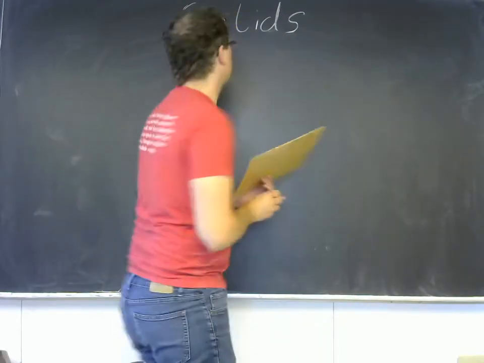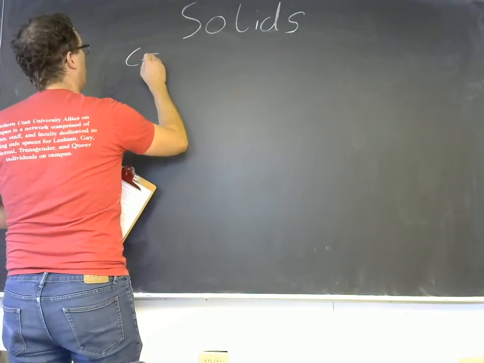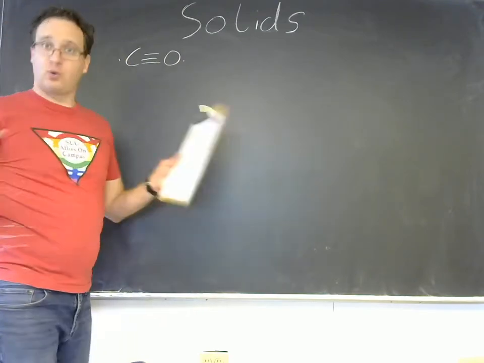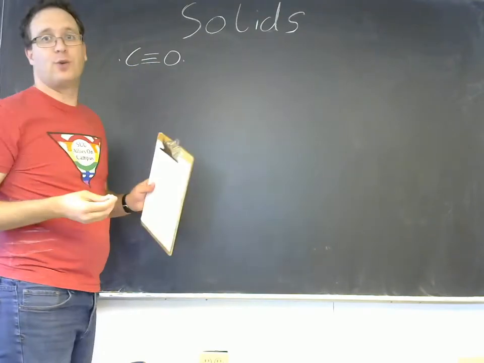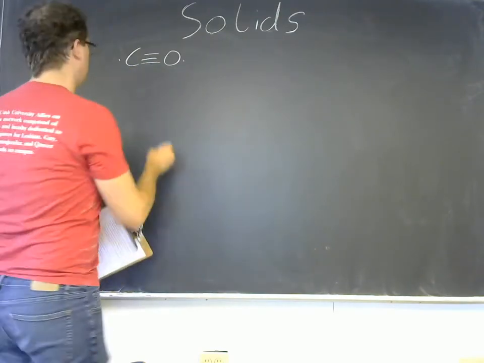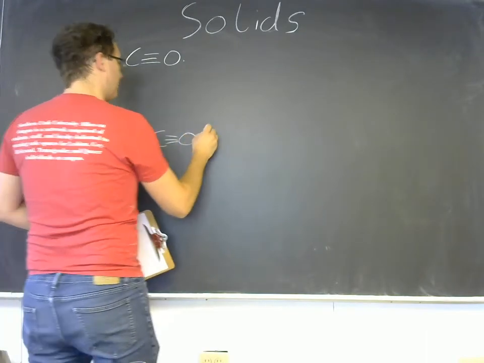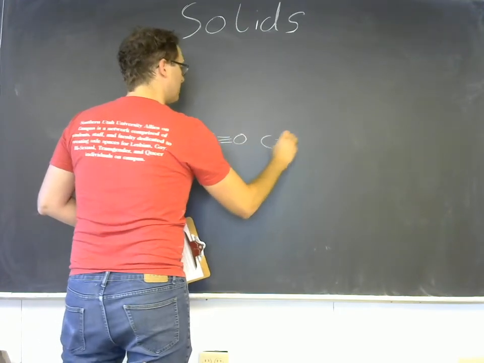Let's look at carbon monoxide. Carbon monoxide looks like that. When you cool it down cold enough, and it needs to get pretty cold indeed, eventually it will form a crystalline solid. And you'll have carbon monoxide molecules that look like this.